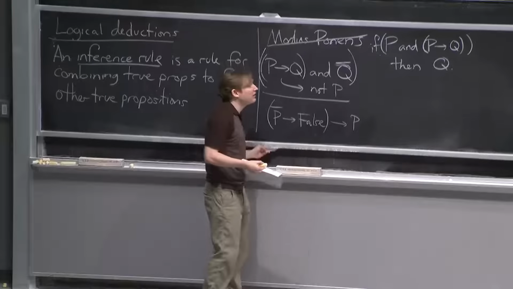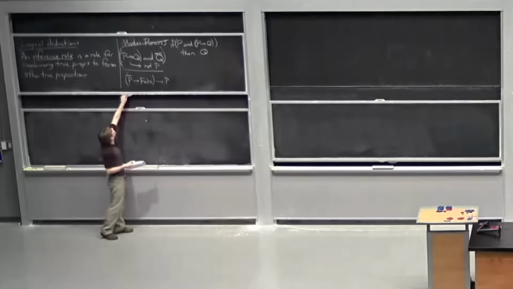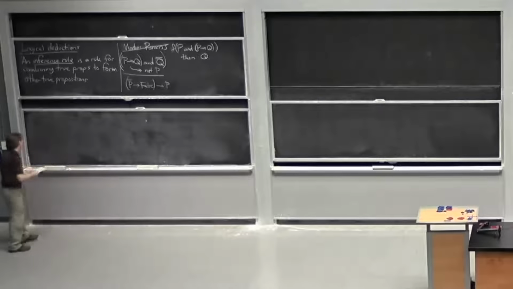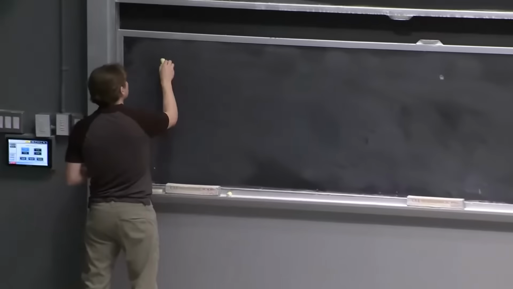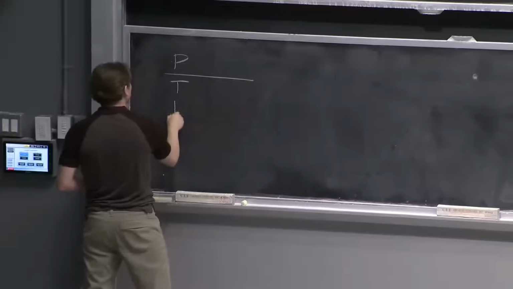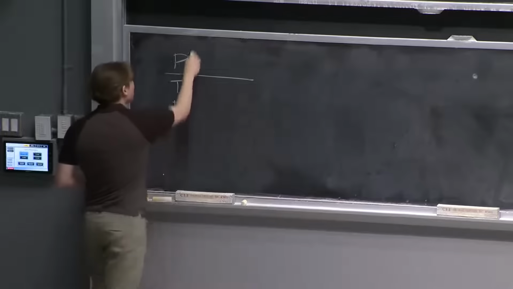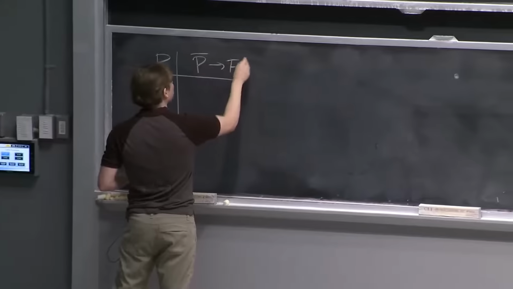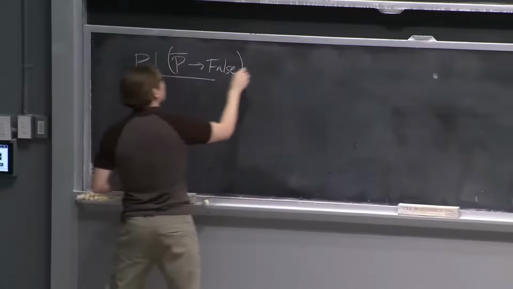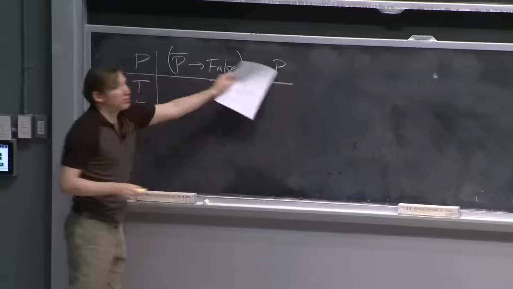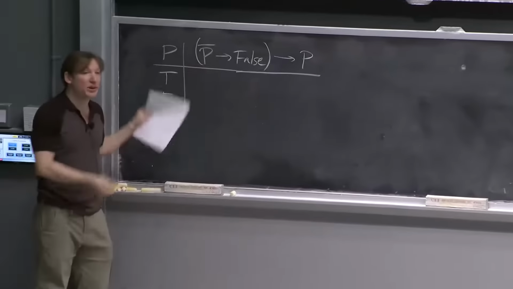Hopefully intuitive, but we have the tools to not just rely on intuition here. We can verify these statements are actual inference rules, for example, by drawing a truth table. Let's do that last one, just because it's smaller. So we have P, and it has two possible values. And then we have our big old formula. So not P implies false, parens imply P. I want to make sure that this formula on the right is always true no matter what P is.